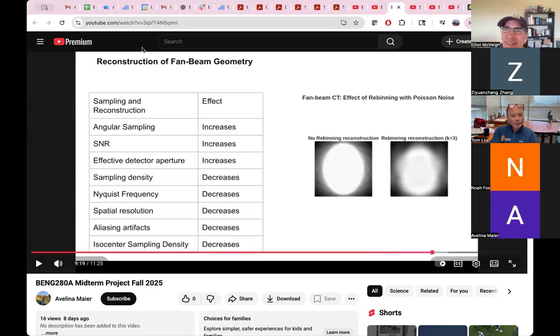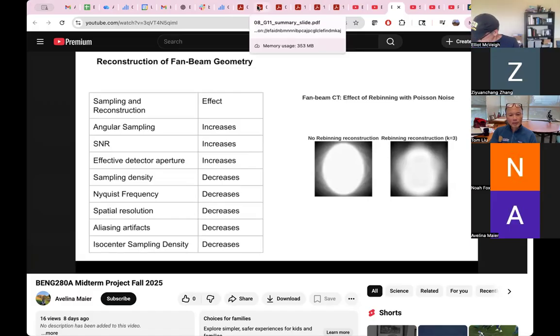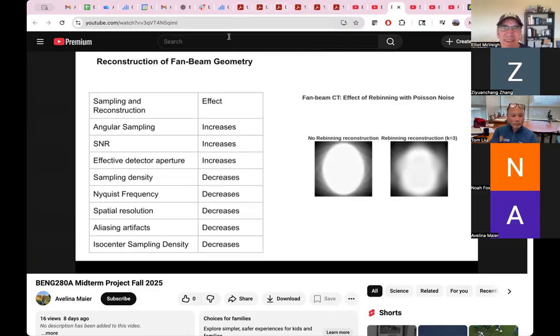Yeah, so I can go ahead and explain that. It goes without saying that we might have added a bit too much noise, which is why the images are so glowy. But essentially, what we were trying to convey in this simulation is that the left image, the no rebinning reconstruction, shows that without rebinning, the artifacts due to fan beam geometry and sampling are distributed as softer streaks and blurring around the object, and you see a smoother falloff at the edges.